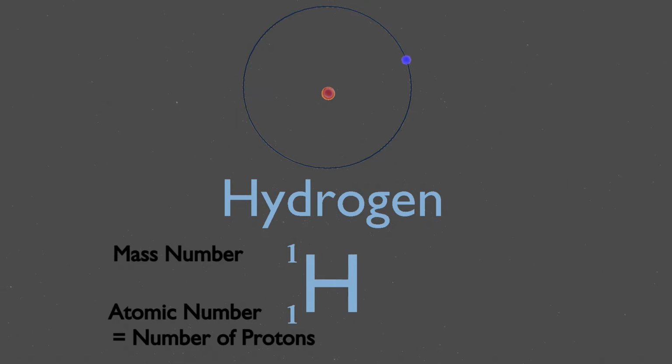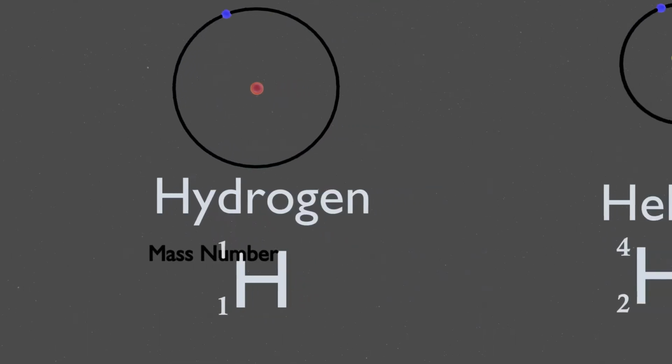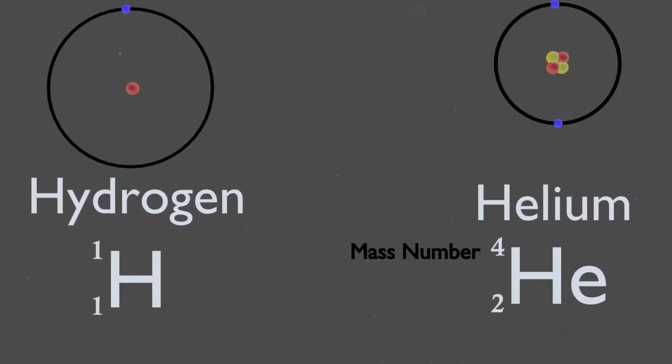And if we move over here to helium, now helium we have some differences, but the first thing I want you to look at is that helium has a mass number of 4. That's because its atomic number is 2, it's got 2 protons, and it has a mass number of 4. So where did this extra mass come from? The extra mass is coming from another particle that hydrogen does not have, neutrons.